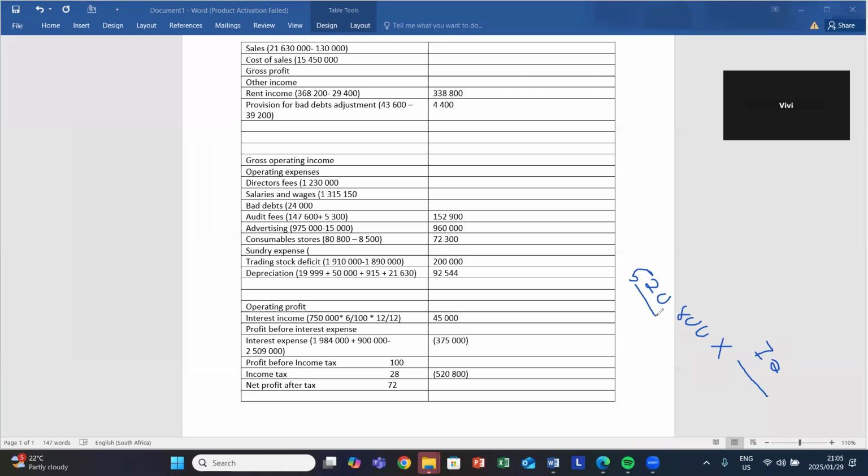I have my income tax, which is 28. 72 divided by 28. And then we'll get our value here. We'll say 520,800 multiplied by 72 divided by 28, and then you'll get your net profit after tax, NEPAT.